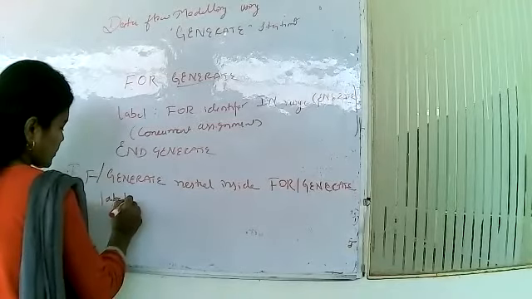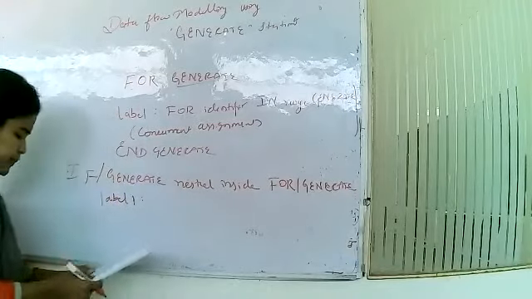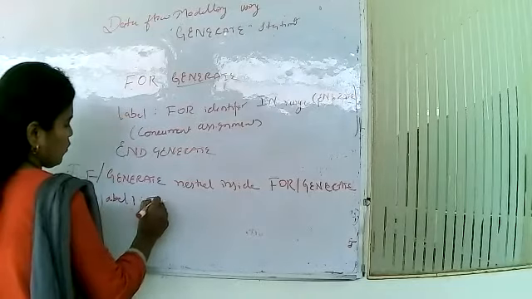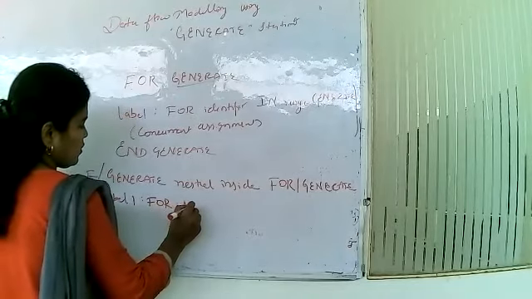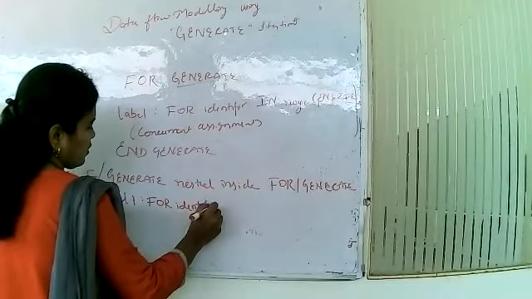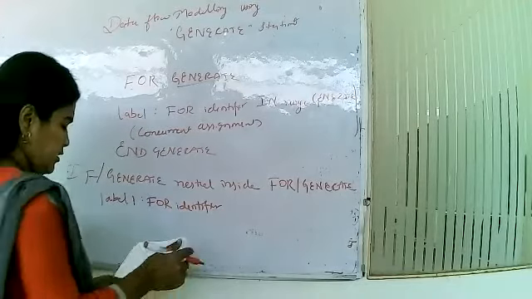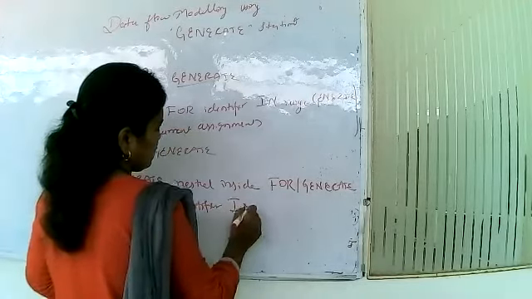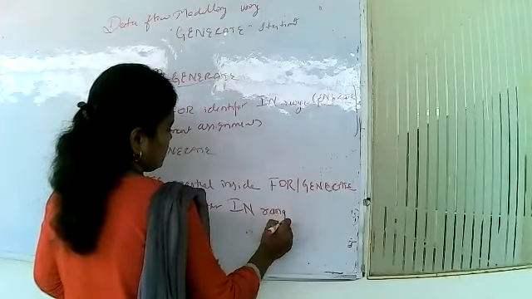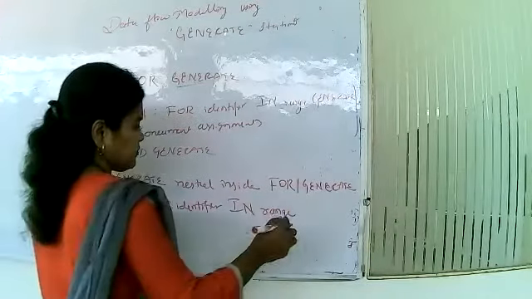Are you understanding? It is just a syntax. Label 1: for identifier in the range generate.